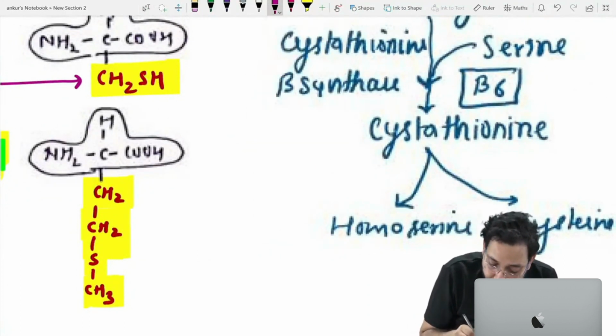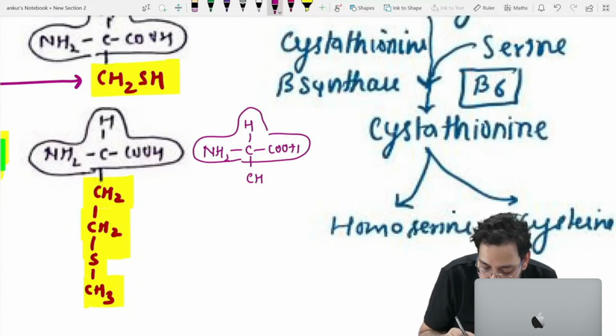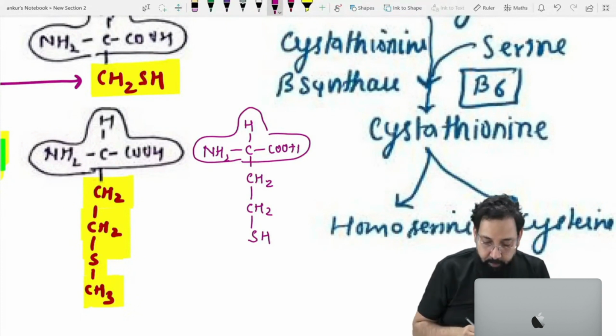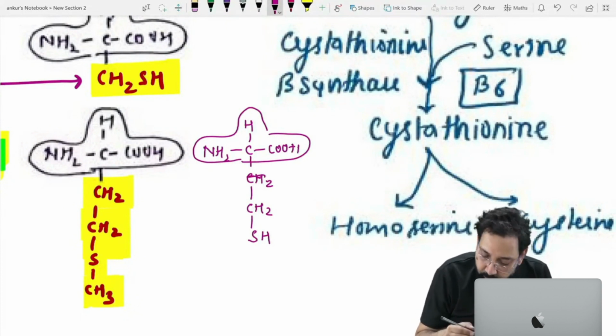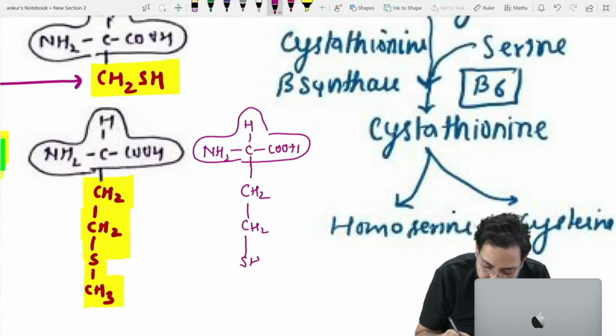I draw one more amino acid structure. This portion is common to each and every amino acid. CH2, CH2, SH. So I draw it again, CH2, CH2, SH.